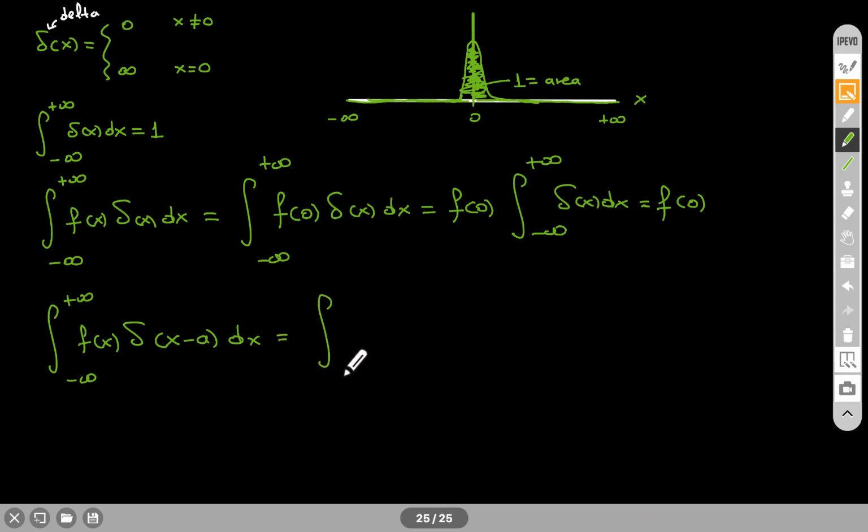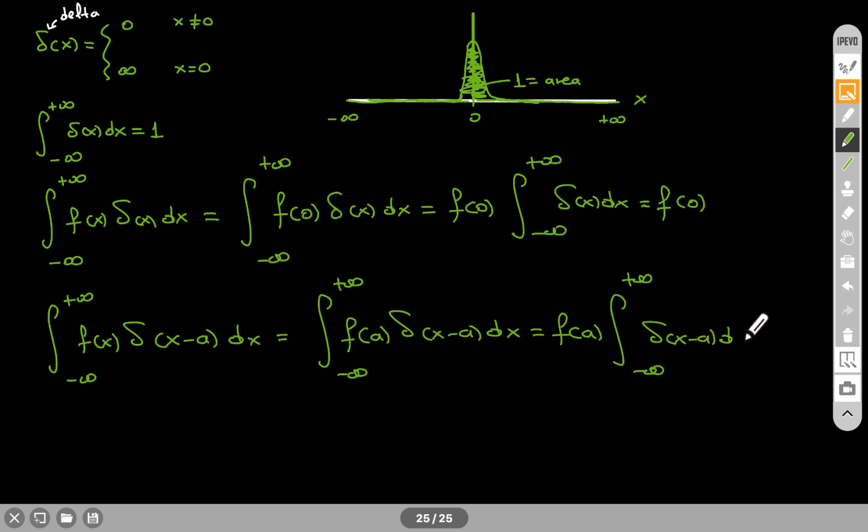So what this will give me is f at a times the delta function of x minus a dx. I take out the constant, and of course this integral of the delta function, as we know, needs to give us 1. So this is the value of the function f at a. So this is the process that you can use if you want to pick out the value of the function at any point along the axis.